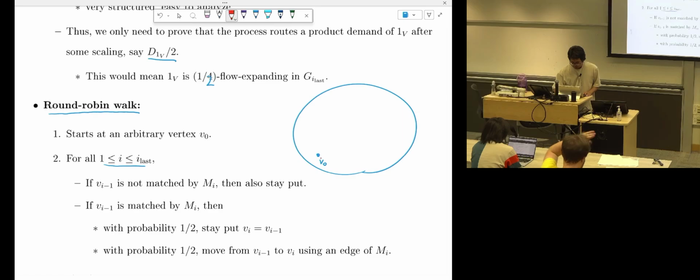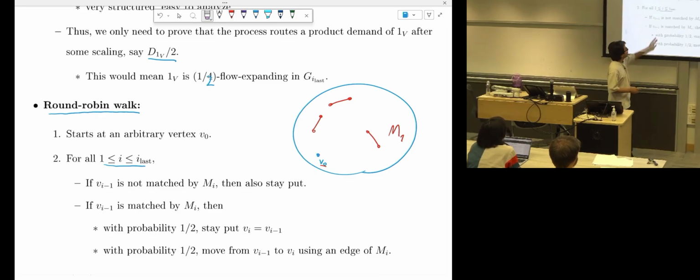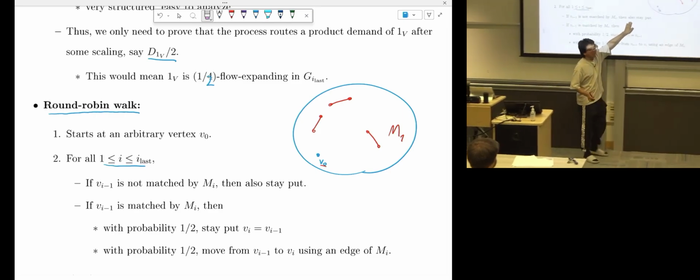At round 1, it looks at whether V0 is matched by M1. There is going to be a matching M1, maybe like this. If V0 is not matched by M1, then you just stay put at V0.